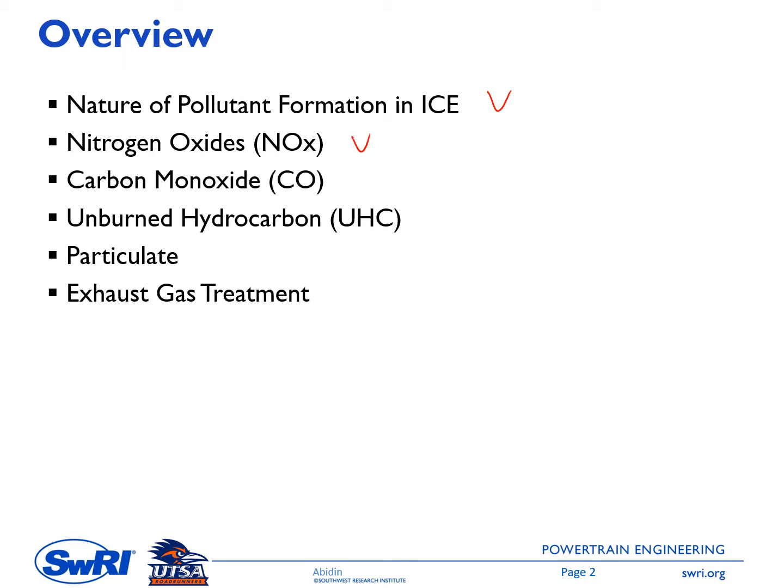The first one is nitrogen oxides or NOx, and then carbon monoxide CO, unburned hydrocarbon UHC, and then particulate. And the last subtopic is about the exhaust gas treatment to reduce the pollutant formation in internal combustion engines.